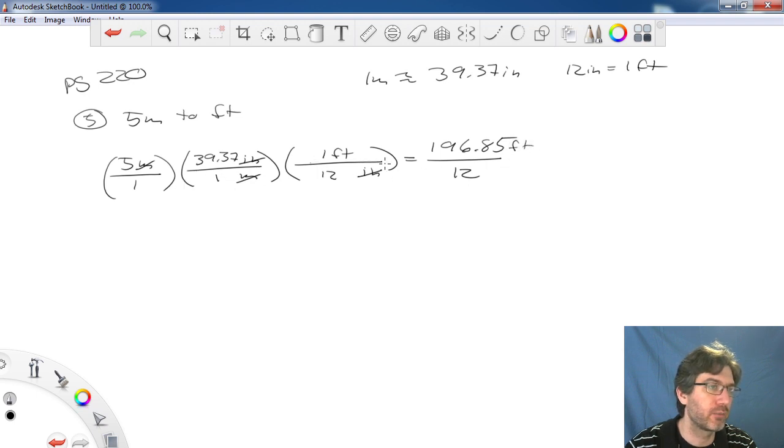My units on the bottom is nothing. I'm just going to divide this out. So divide it by 12, and I am going to get 16.4, and then it's like 0.41666. It asks you to round, so we're just going to round it to 16.4 feet.